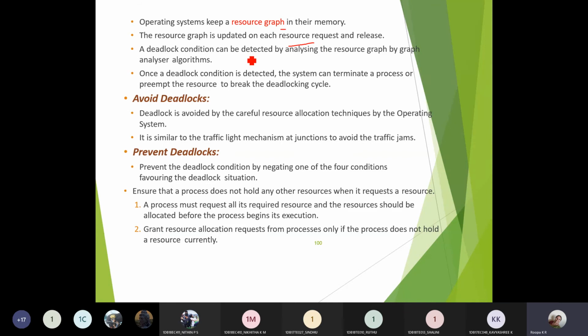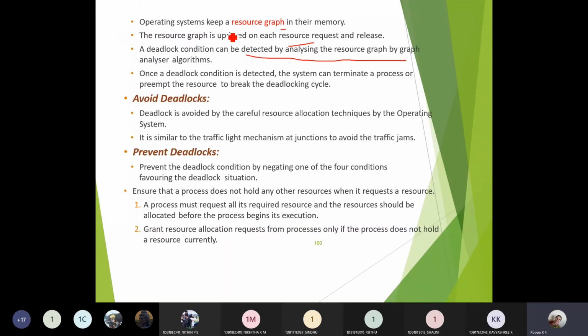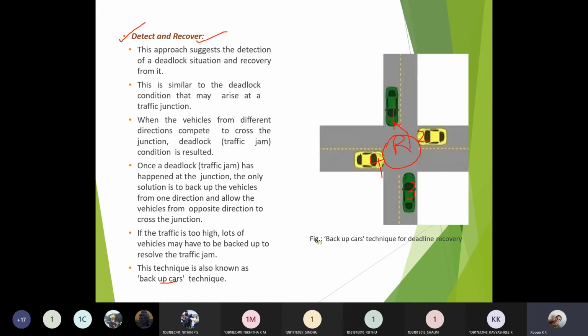Whenever a deadlock situation occurs, this resource graph will be analyzed and certain algorithms will allocate the resource to different processes, such that all the processes utilize the resource and recover from this deadlock situation. So that is about detecting and recovering.